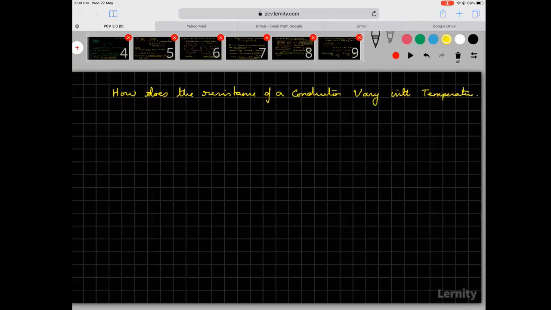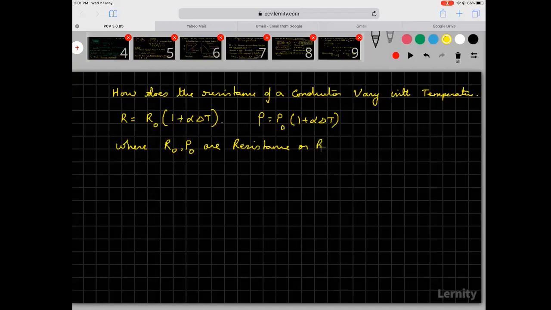Okay, so we will write down R is equal to R0 into 1 plus alpha into delta T. Rho is equal to rho 0 into 1 plus alpha delta T. Okay, where R0 and rho 0 are resistance or resistivity at 0 degrees centigrade.